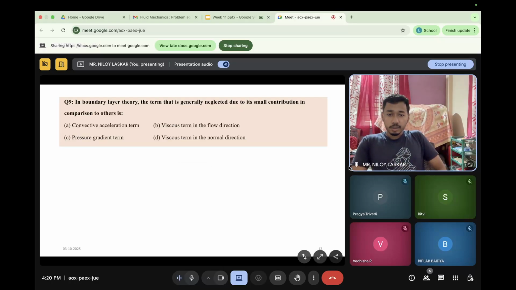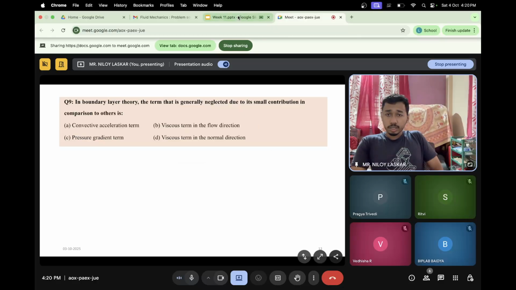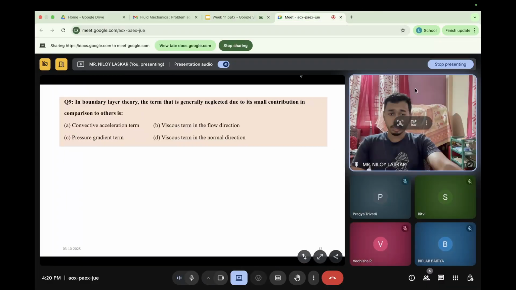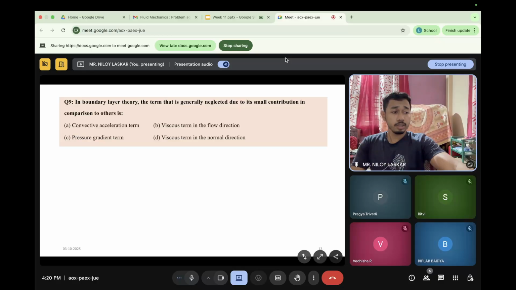Just let me recall this one thing. You remember the convective acceleration term, viscous term, pressure gradient term and all in this Navier-Stokes equation, yes or no? If you remember this, then you can easily answer this one. So please try and give me 1 minute.